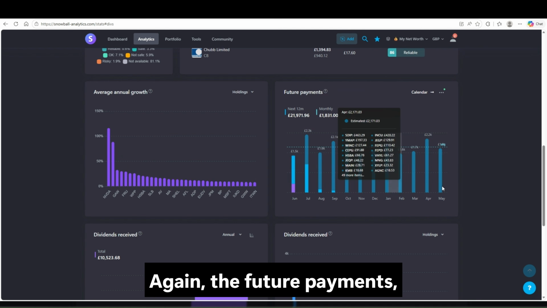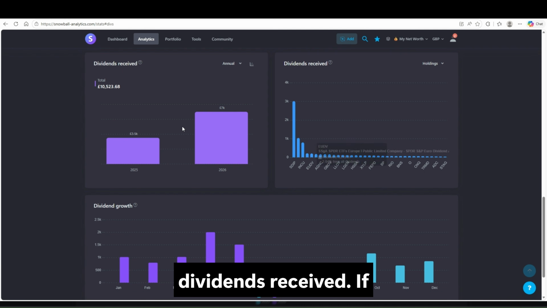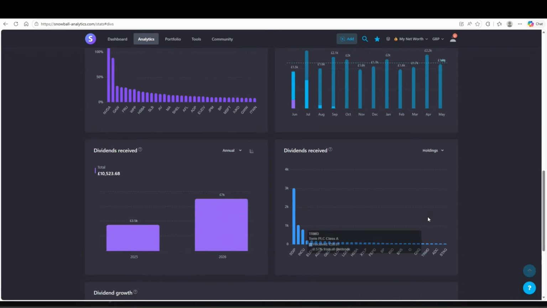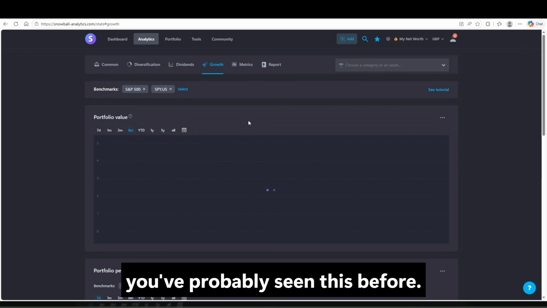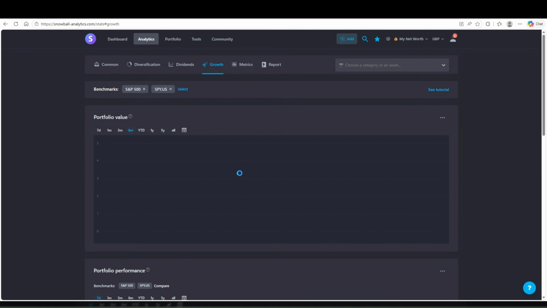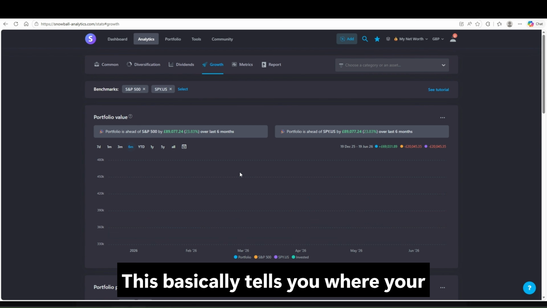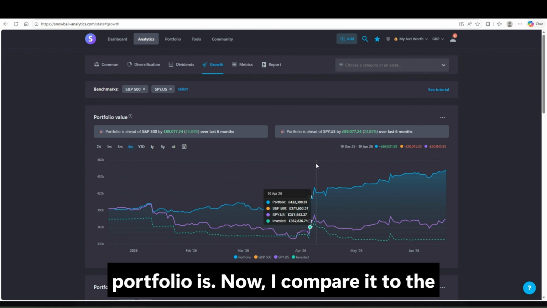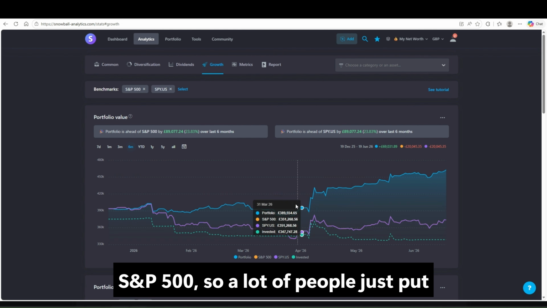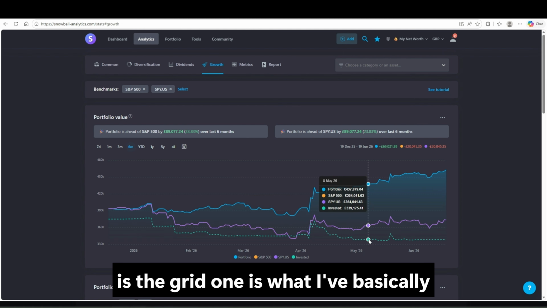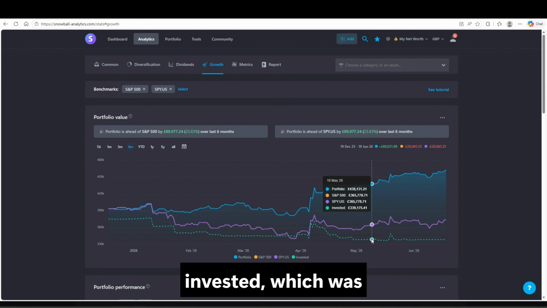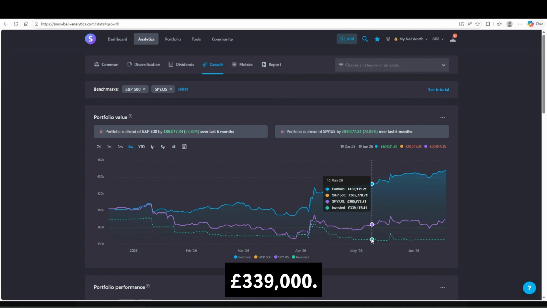Again, the future payments, dividends received, and if we go now to the growth, I think you've probably seen this before. This basically tells you where your portfolio is. Now I compare it to the S&P 500, because a lot of people just put money there. The green one is what I've invested, which was 339,000.